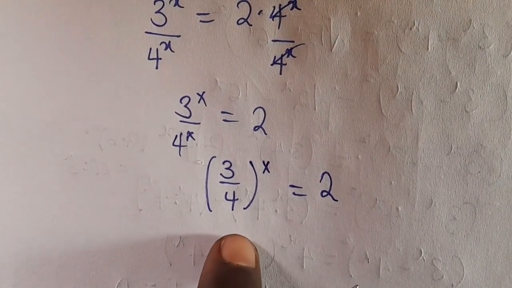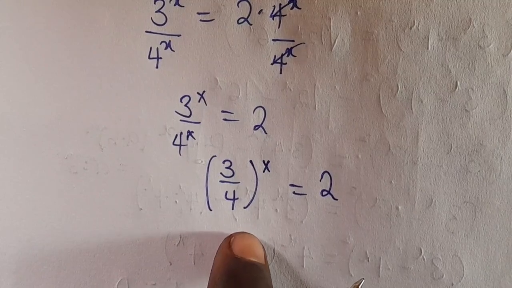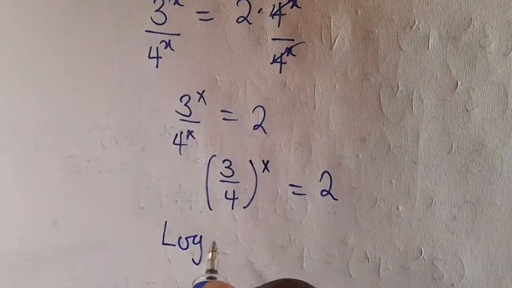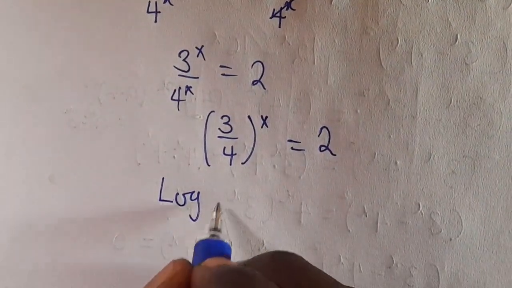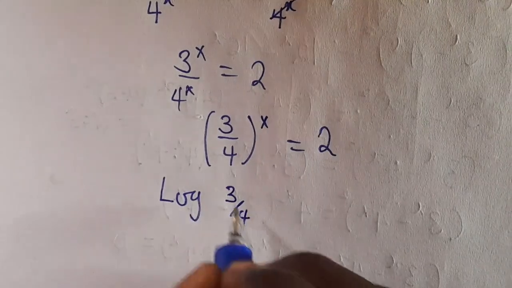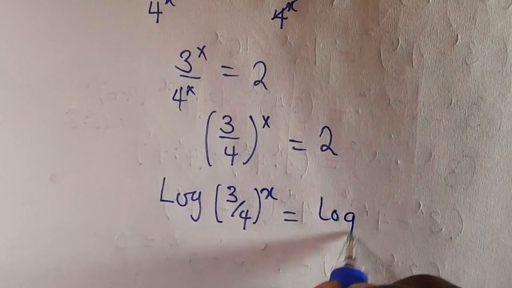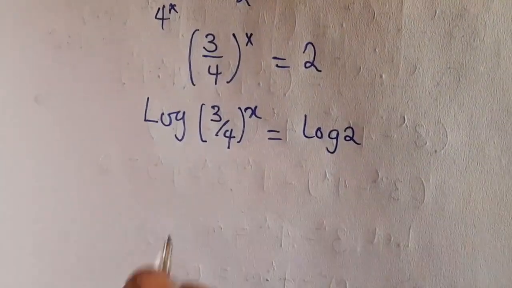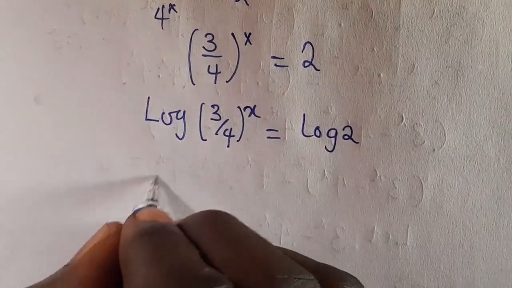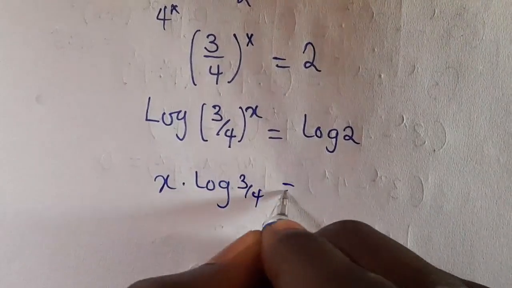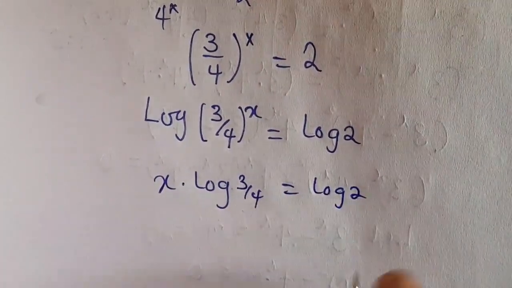Now, let us introduce logarithm to both sides. So we have log of (3 divided by 4) all to the power of x equals log 2. So from here, this power will come down, we have x log (3 divided by 4) equals log 2.